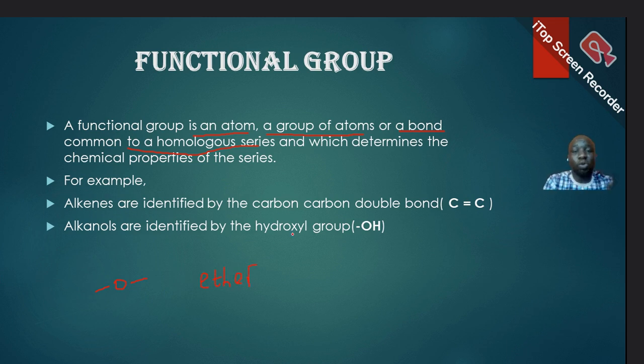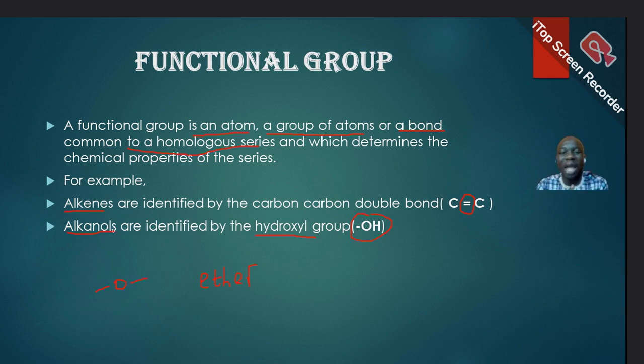Then it could be a group of atoms, just like the hydroxyl. Hydroxyl is identified by the OH. So when you see a compound that has the OH together like this, it is an alkanol. Then it could be a bond. For the alkene, we use the double bond to identify them. Alkenes and alkanols are just two of the homologous series that we have.